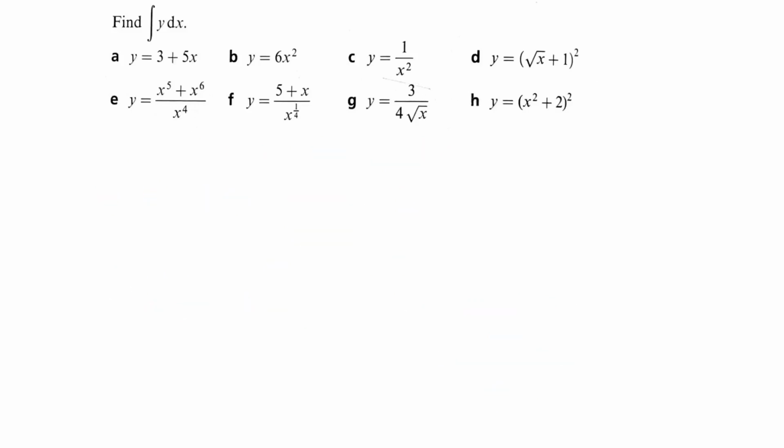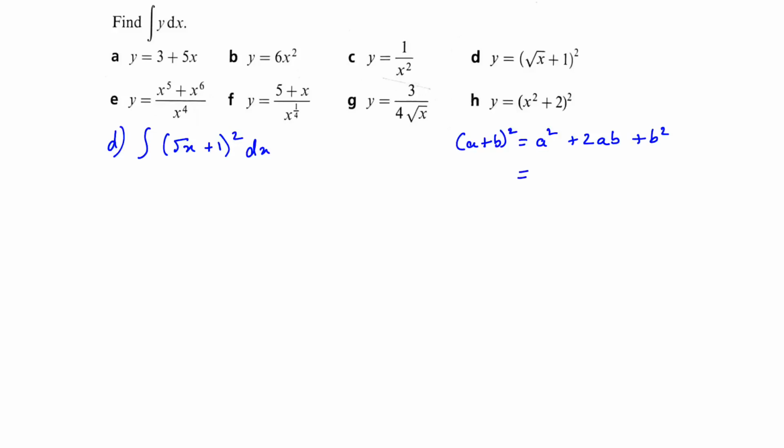Question number D. We have square root x plus 1, squared, dx. Whenever you have (a plus b) squared, remember to use this rule: a squared plus 2ab plus b squared.